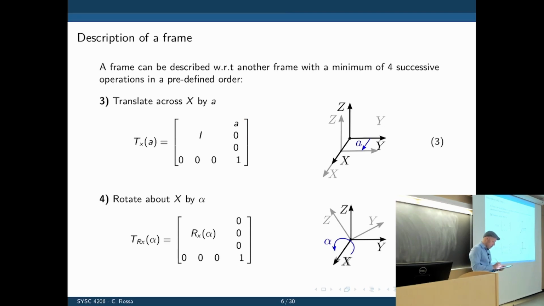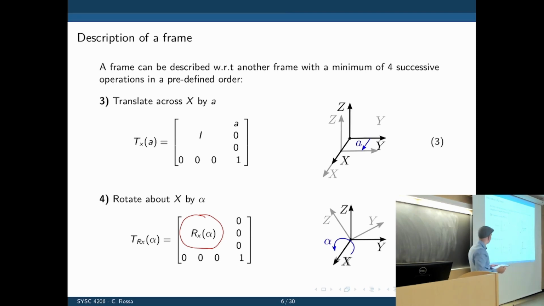And then the last transformation is now a rotation about X by the amount alpha. So we have a rotation matrix about X, the rotation matrix we defined in the last lecture. What would be the rotation matrix here? The first column along X would be 1, 0, 0, the second column would be 0, cosine, sine, and the third 0, negative sine, cosine.